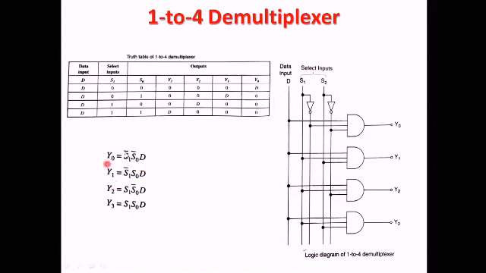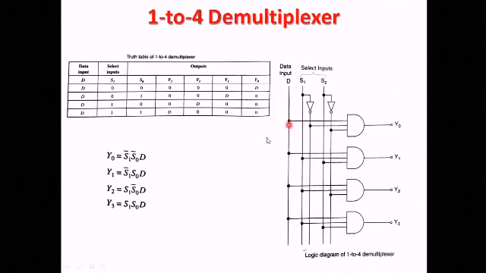So by using the above expressions, we can draw the logic diagram of a 1 to 4 demultiplexer. This 1 to 4 demultiplexer can be implemented using four 3-input AND gates and 2 inverters or NOT gates, and this is the figure. Here the input data is connected to all the AND gates.